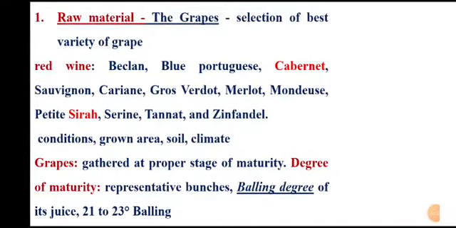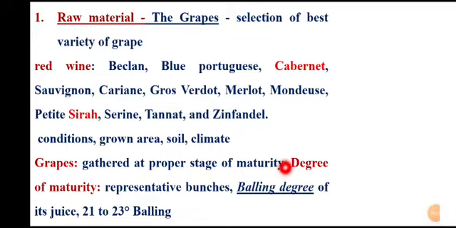After the selection of a particular variety, these grapes are grown in the grape farm, and then they are gathered or harvested at the stage of maturity. Whether the grapes are matured or not, or have developed a sufficient content of sugar or not, is decided on the basis of the concentration of sugar present in the grape juice.